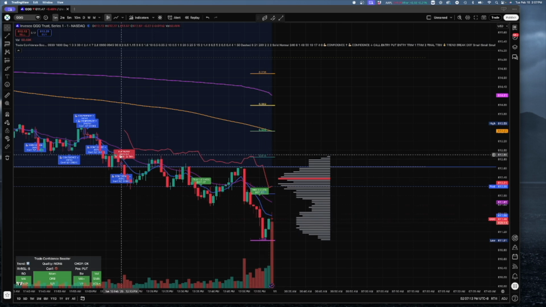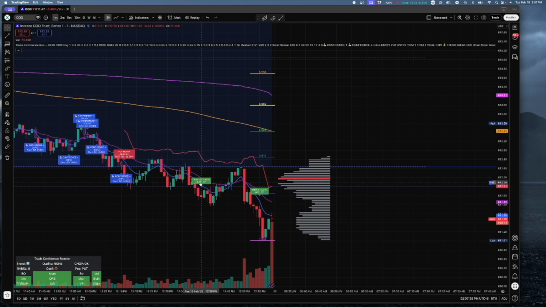And notice this put entry entered, and even though it went back up above the entry price, it still held because the trailing stop had a larger buffer. So it allows you to hold on to the trade. Again, it went back up here.